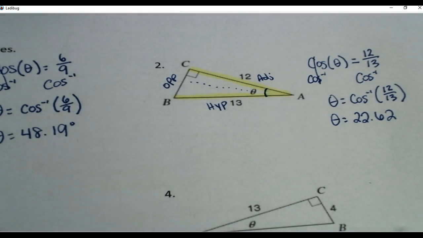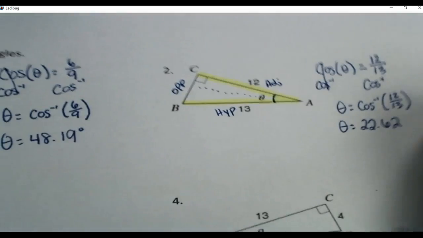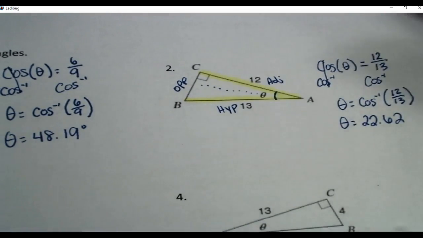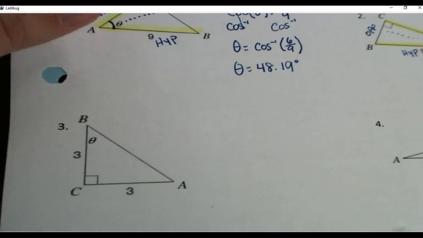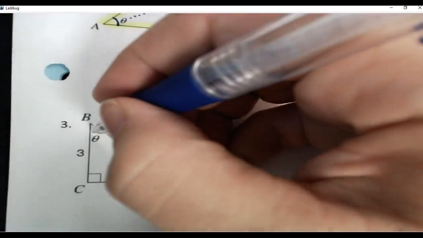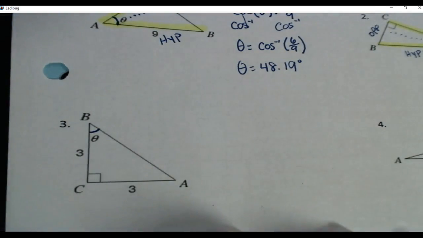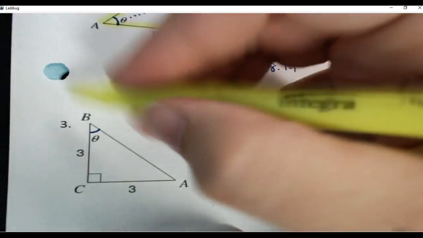Alright, let's look at 3. So if we're looking at 3, again, we want to highlight. So we can arc our angle. I'm highlighting BA and CB.